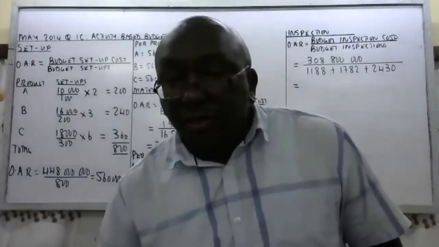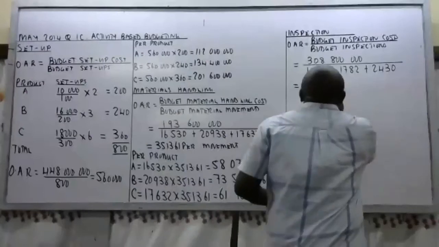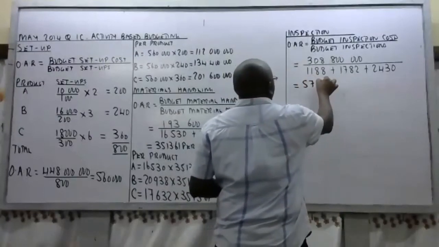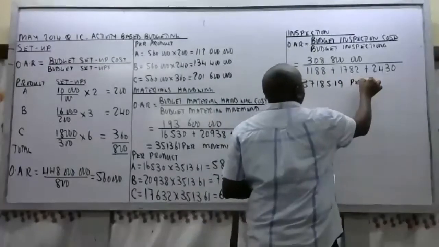Yes, I can see June, Jack, 57,185.19. And this is per inspection.